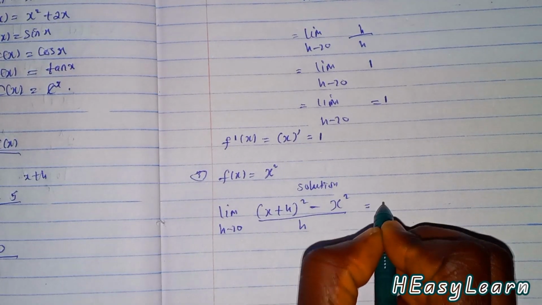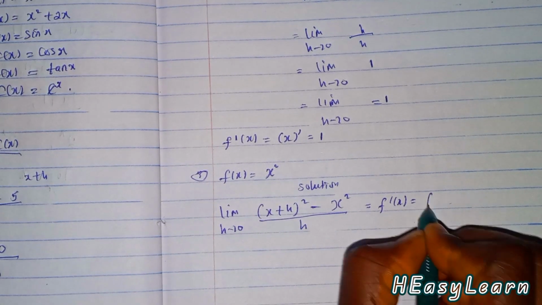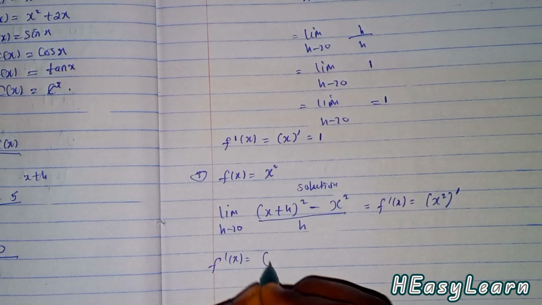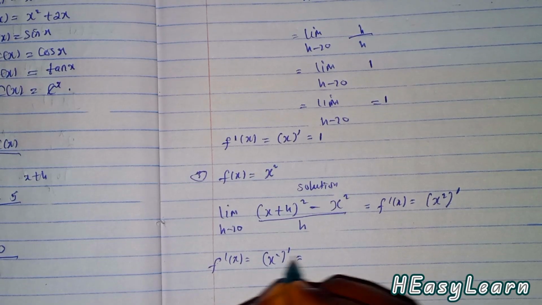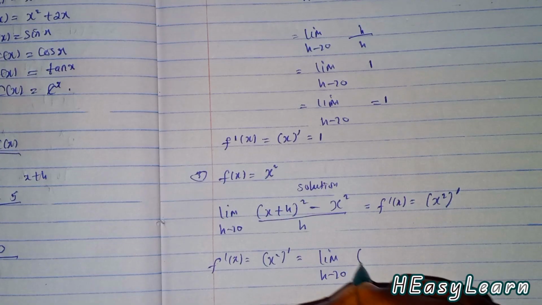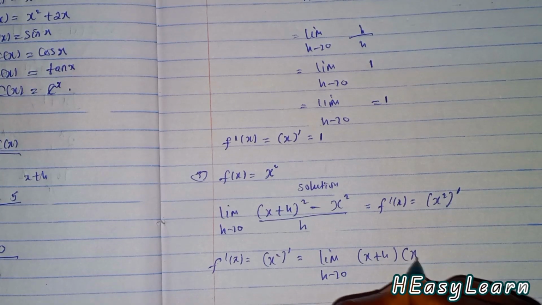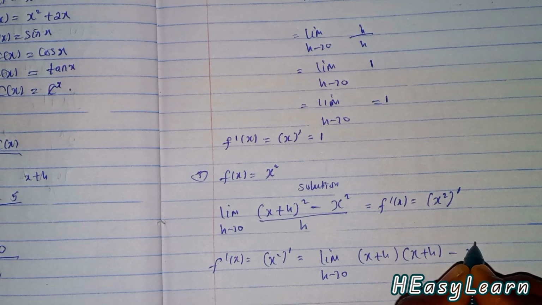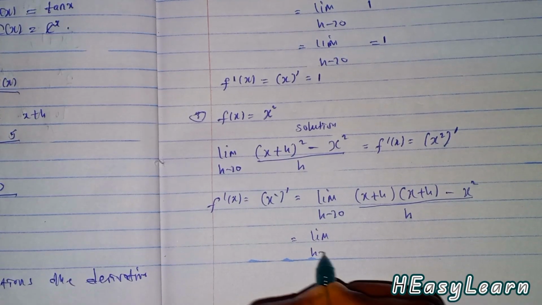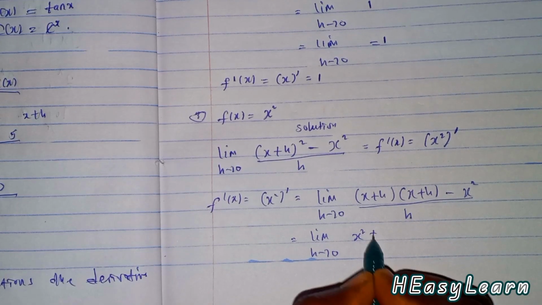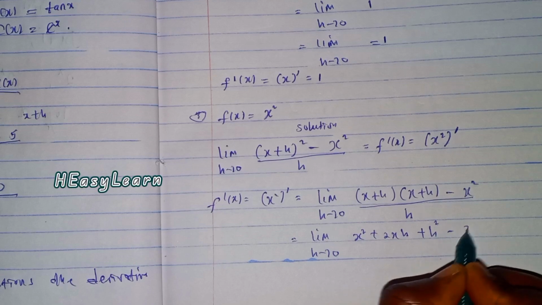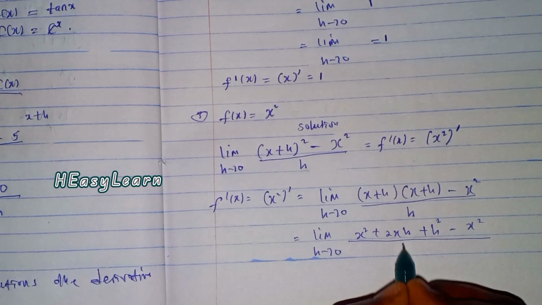This is the same thing as f prime of x equals x squared prime, which equals the limit as h approaches 0 of x plus h squared minus x squared over h. Expanding, the limit as h approaches 0 of x squared plus 2xh plus h squared minus x squared over h.